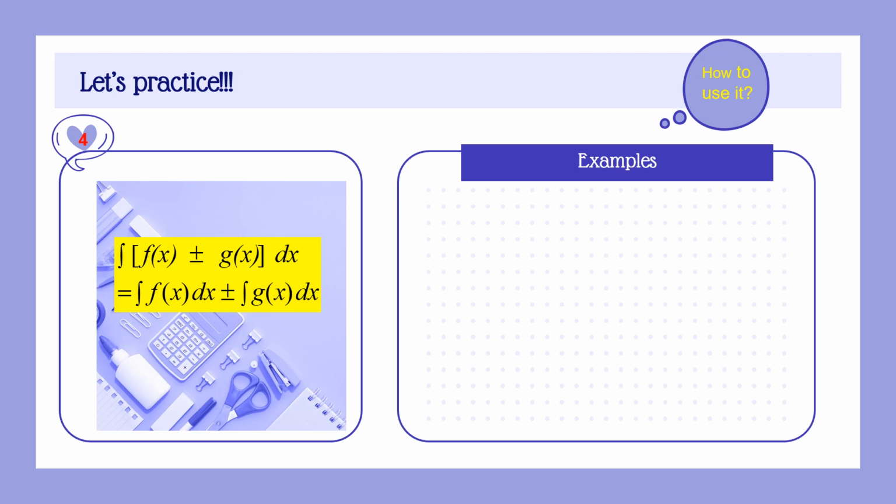Let's practice rule number 4. Integrate f(x) plus or minus g(x) dx equals integrate f(x) dx plus or minus integrate g(x) dx. This rule, if we see the operation plus or minus, we can integrate one by one. For example, let's say integrate 2x plus 2 minus x squared dx.